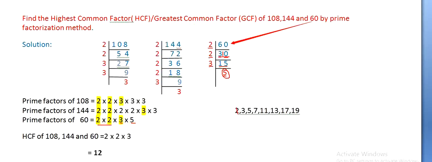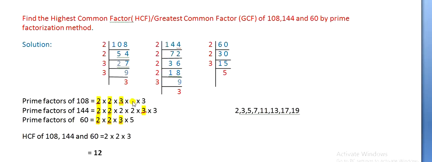Next step, we need to underline the common primes. So 2 is common, here also it is present, here also it is present, we are done underlining. One more 2 we will check, it is also a common factor of all the given 3 numbers. 3, this is 3 one time here, another common factor of 3?